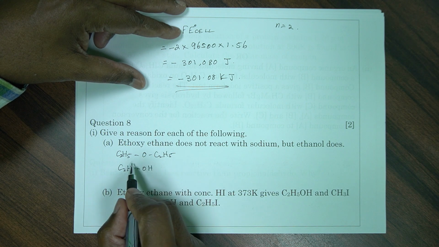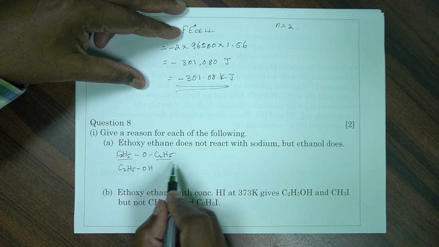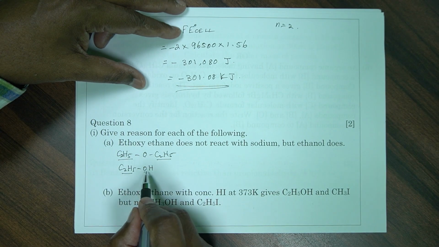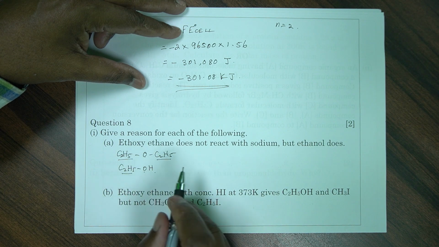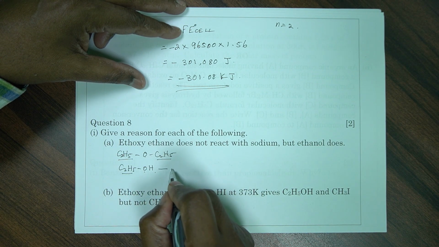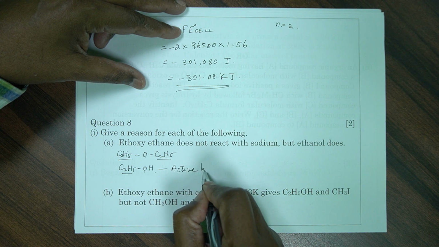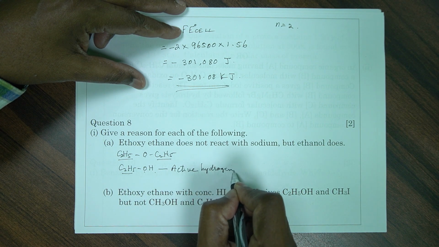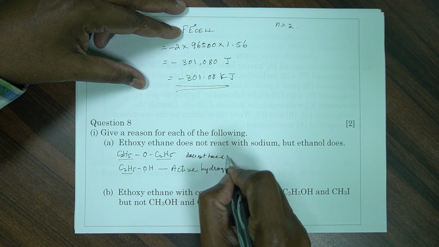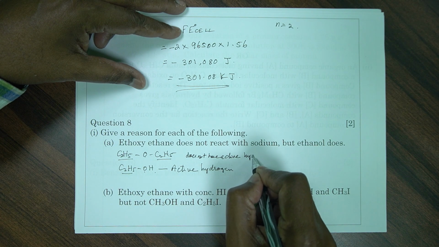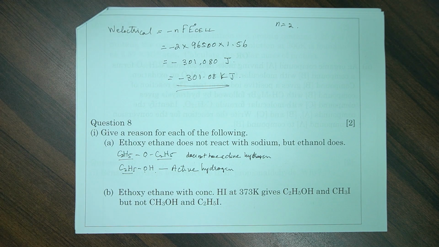Ethanol is C2H5OH. Now you can see in this molecule there is an alkyl group and oxygen with a hydrogen. In other words, this molecule has active hydrogen.